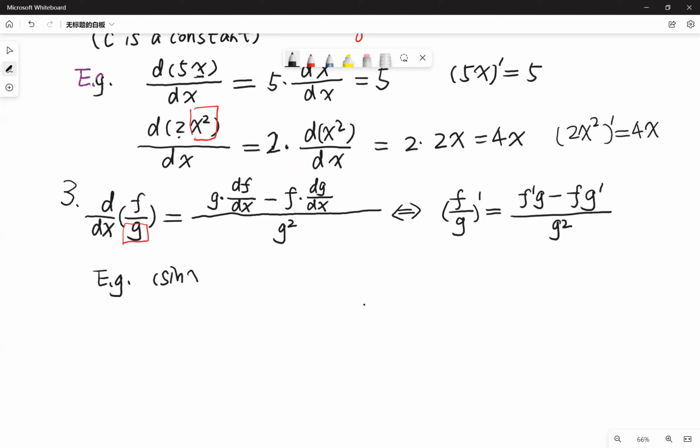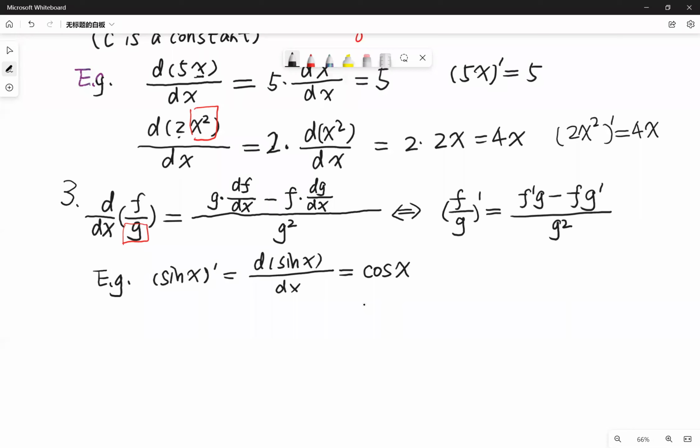We have the differential of sin x equals cosine x.